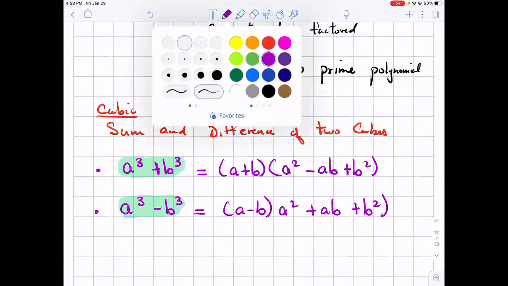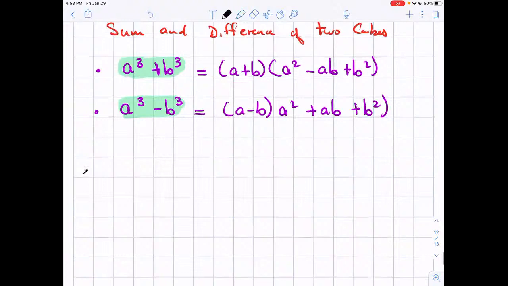So let's look at maybe one or two more examples and then finish up. How about if I have, let's start off with a simple scenario. Factor 27x cubed plus 125y cubed. Okay. So the first thing, do you see anything common between 27 and 125?